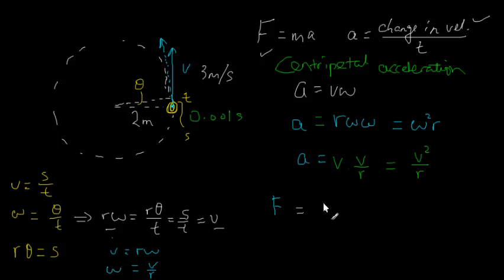So therefore, since acceleration can be either of these, I can either write force is equal to mass times this one, which is m omega squared r, or another one I can write is m v squared over r. Okay, so both these forms would be useful when we need to calculate acceleration and force for a body moving around in a circle.